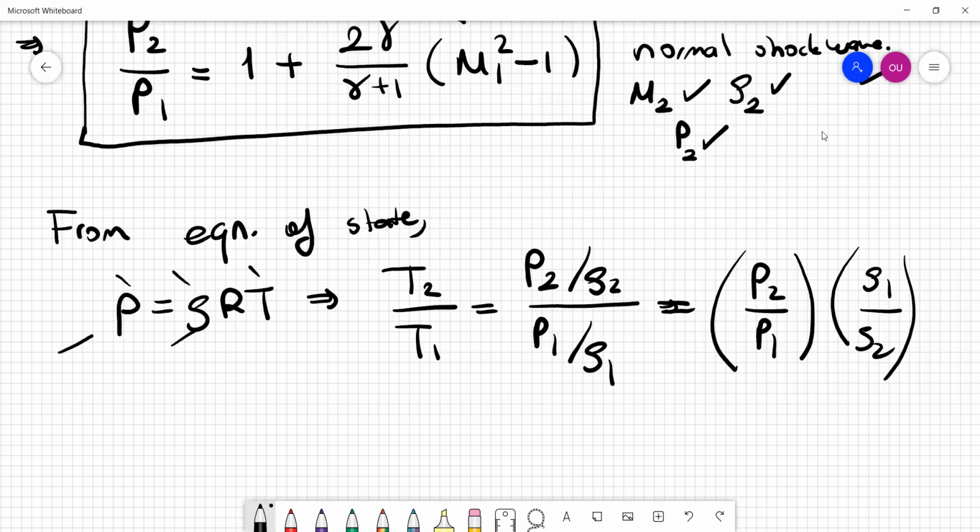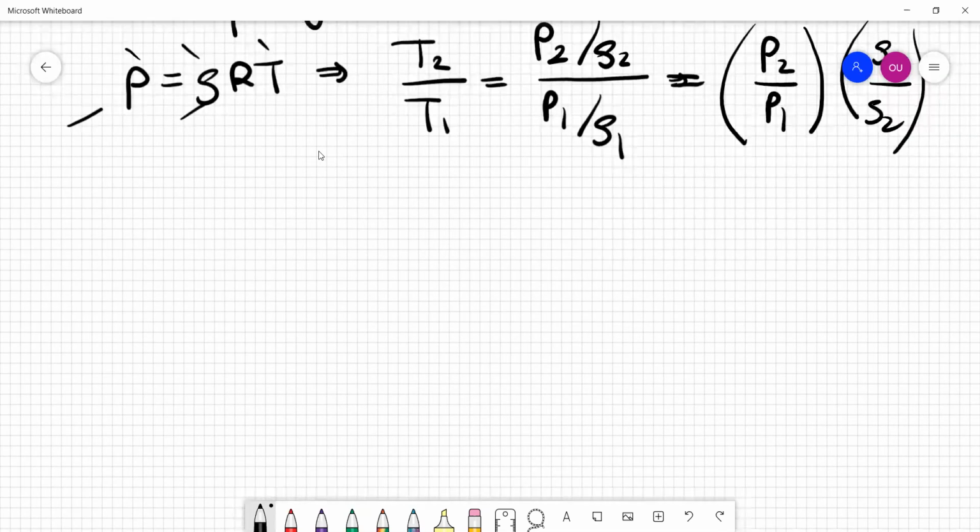I just obtained an equation for this, and I obtained an equation for the other up above. So I just need to multiply these two functions together in order to get the temperature ratio across the shock wave, which looks like this.